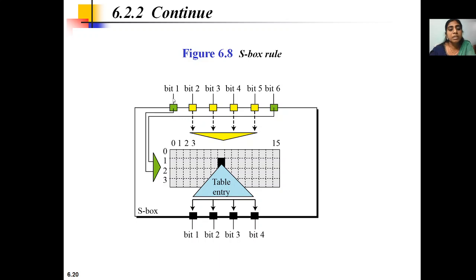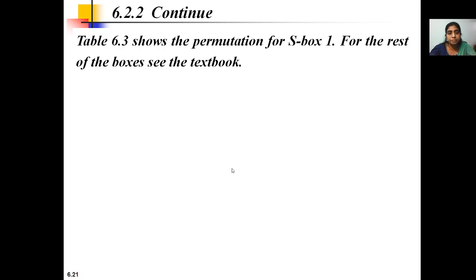Since we have 2 bits for the row, we have 0, 1, 2 and 3 as the row values, and from 0 to 15 become our column values. Based on this we take the entry, and the output of that particular table becomes the 4-bit output. So let us see the example.